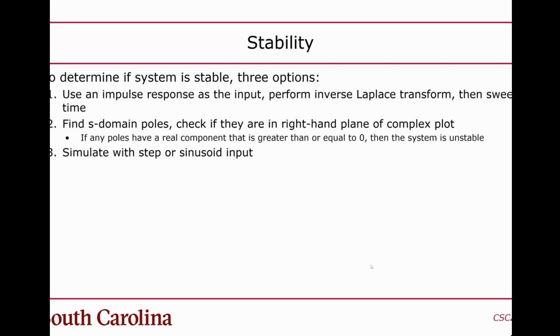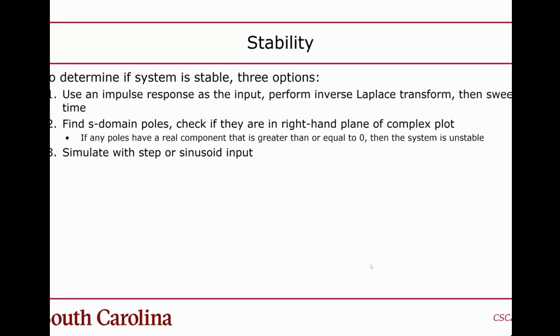To do that, you're basically calculating the eigenfunctions of the system, which I showed you how to do. Of course, you can also use a step function, a step response. But the step response, typically you would do that in software. In this class, we're going to focus on number 2, which is to find the poles.